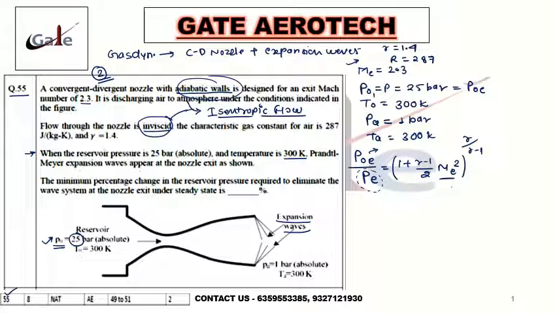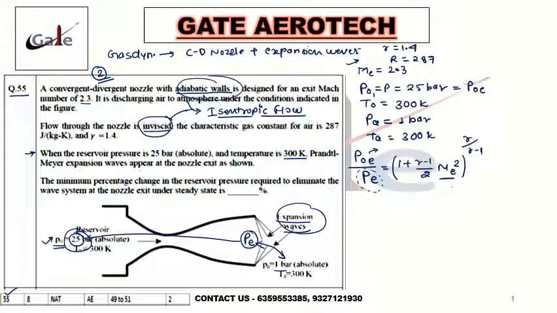Because I will get PE in this condition, and then we can compare that PE, the exit pressure, with the atmospheric pressure. Then we can predict what percentage we need to change in the reservoir so that I will not get the expansion fan.